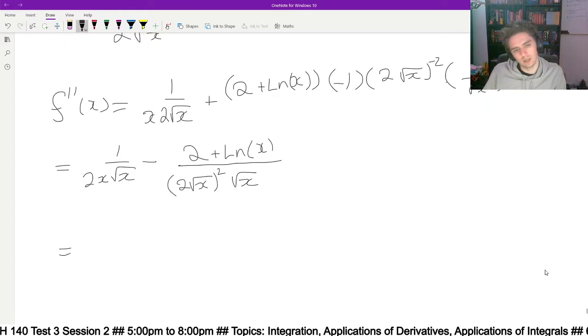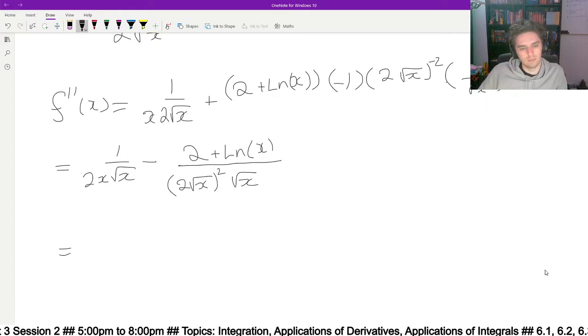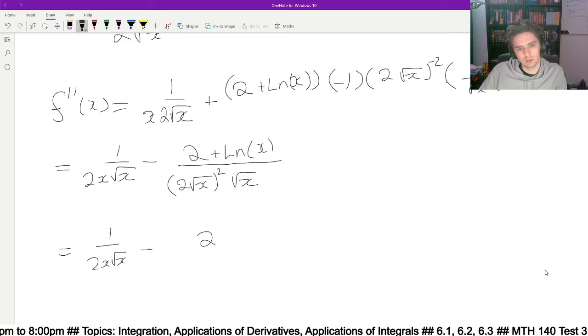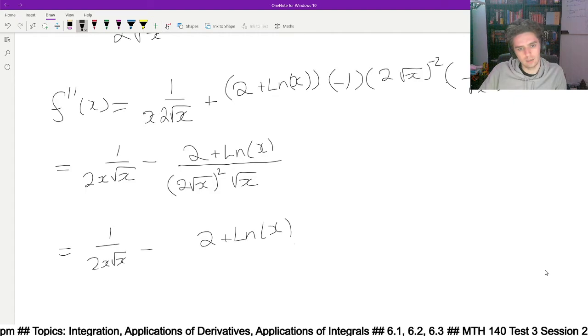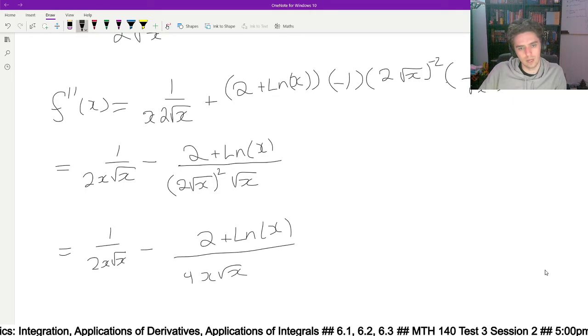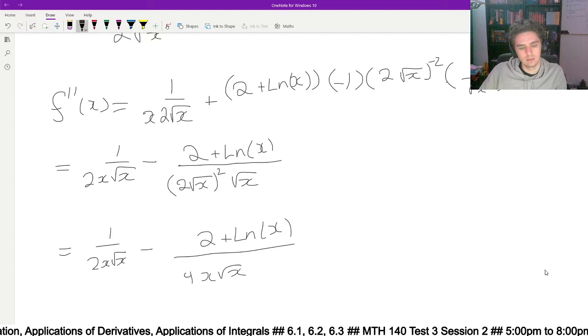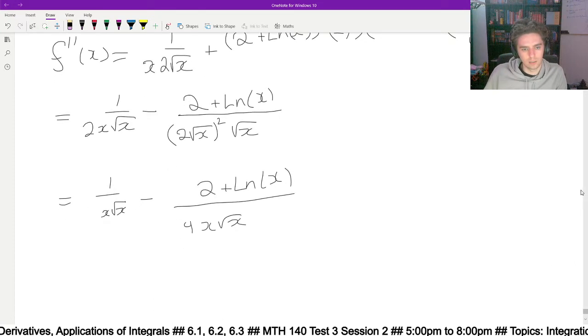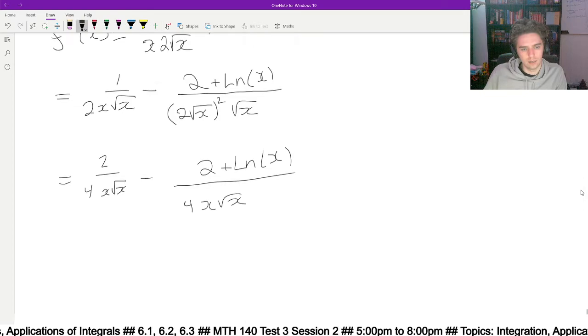Okay, so I will start simplifying. So 2x root x minus 2 plus ln x over 4x root x. Okay, so I just need to multiply top and bottom here by 2. And now we have the same denominator.